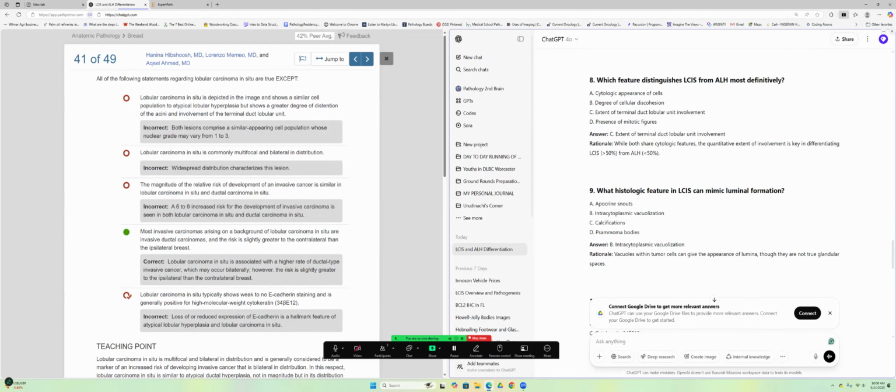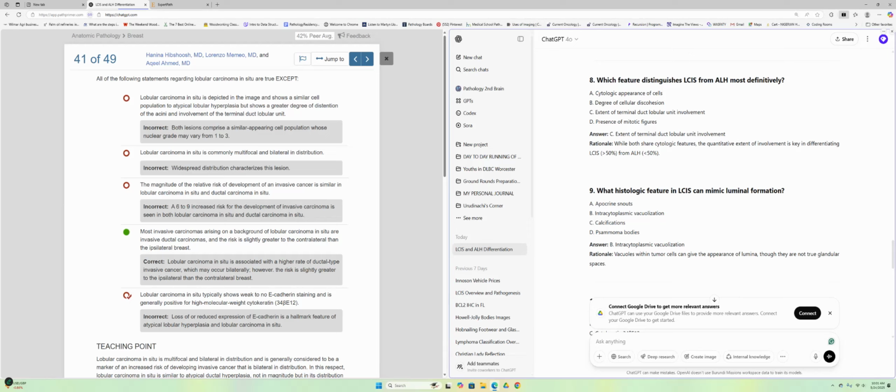Which feature distinguishes LCIS from ALH most definitively? Terminal duct lobular unit involvement, that's greater than 50% for LCIS. So LCIS will involve more than 50%, while ALH will probably be less.